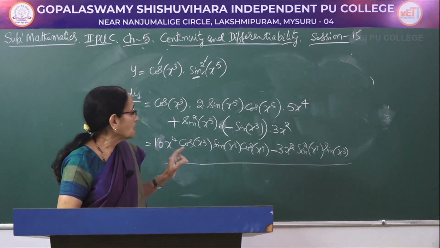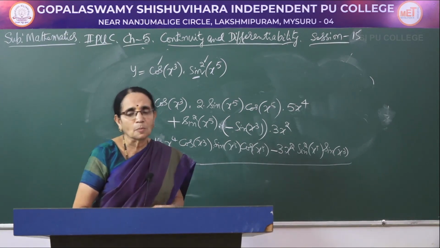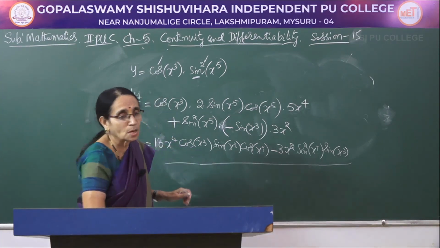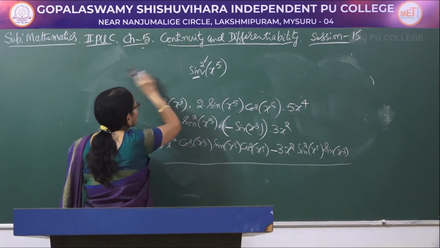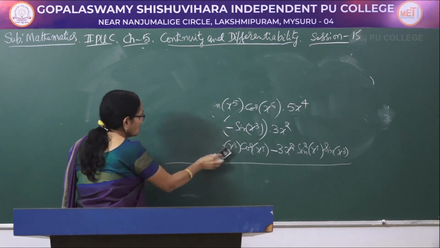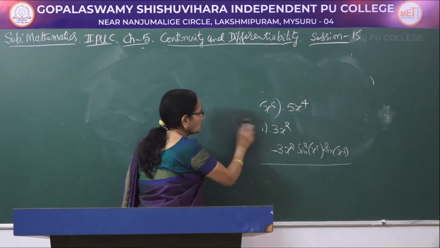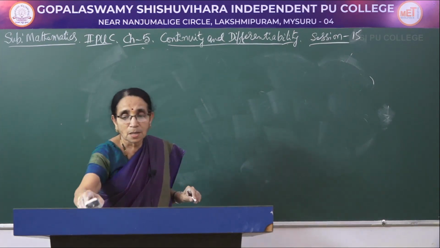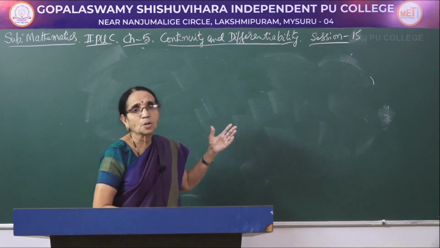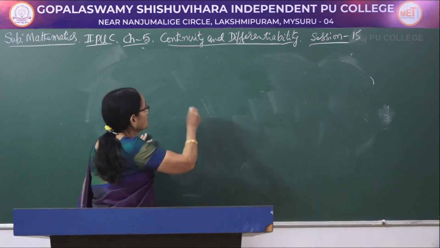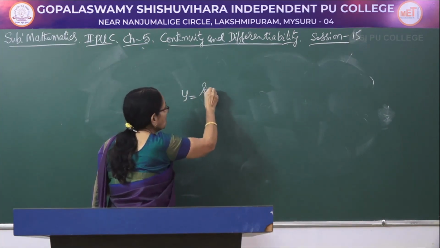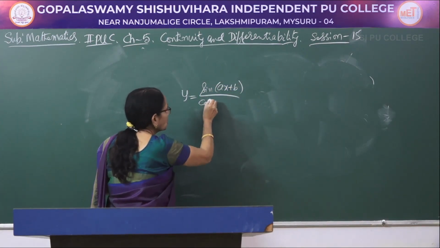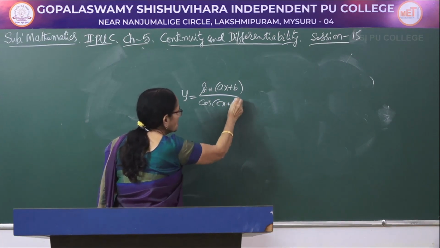So, here whenever we have a combination like this, suppose you are having only one term, then directly you can differentiate considering the functions which are involved in that one. Suppose it is containing a product, or sometimes it may contain a quotient also. For example, suppose it is like this, sin of ax plus b divided by cos of cx plus d.